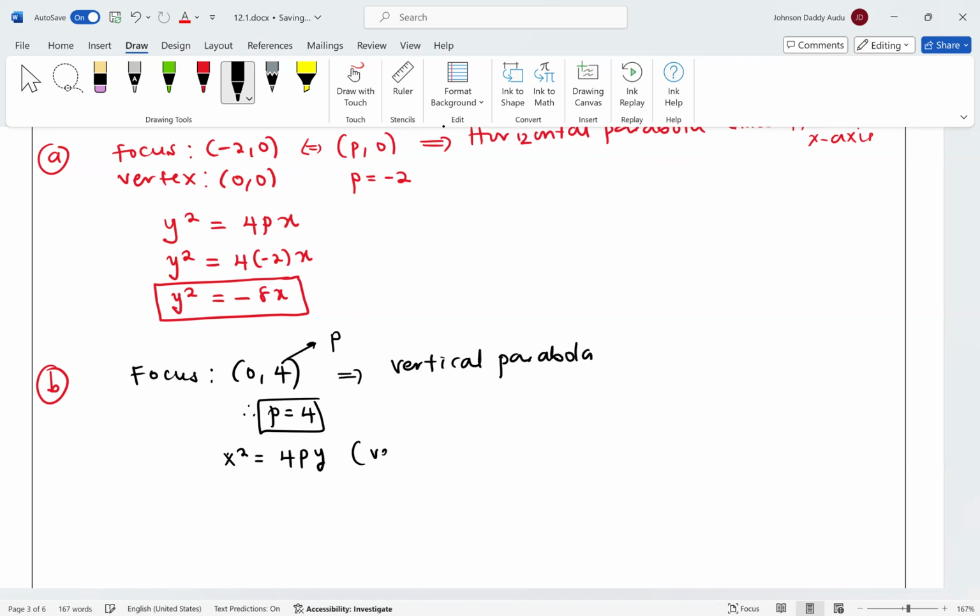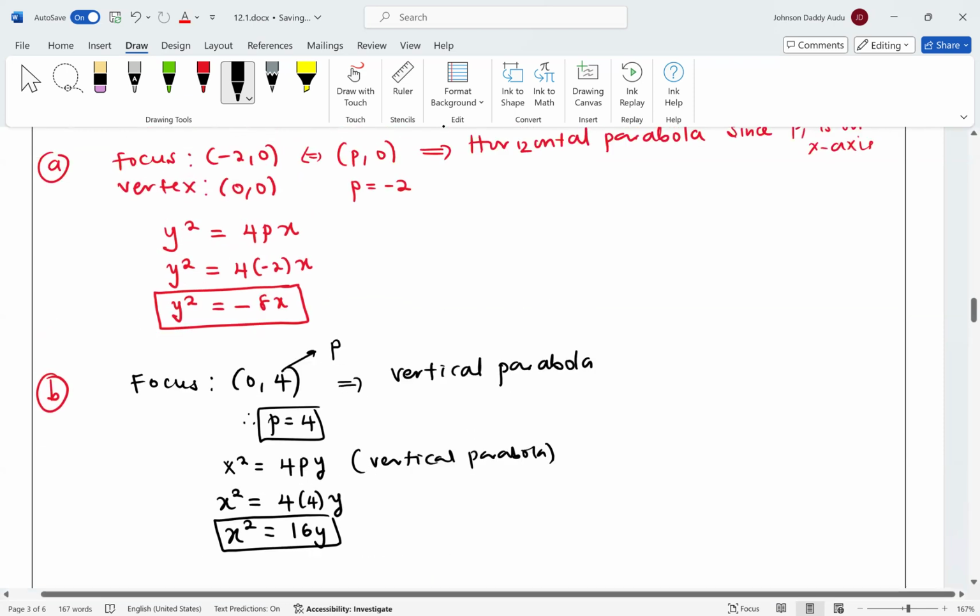This is for a vertical parabola. And then we just have x squared equals 4 times 4 times y. So x squared is just going to be 16y. So this is the equation in standard form.